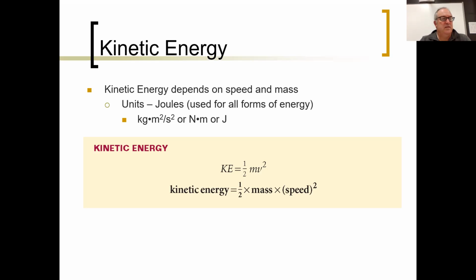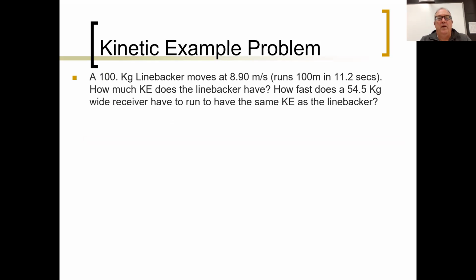So I think the best thing we can do is let's just look at an example problem right away. Here we have a 100-kilogram linebacker and they give the speed, and I used a number that would be maybe familiar to track and field people, saying that this linebacker could run the 100 in a state qualifying time for North Dakota in 11.2 seconds.